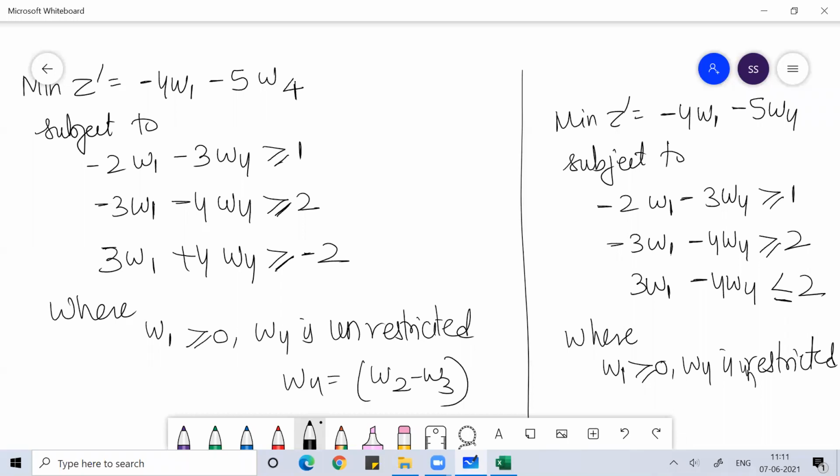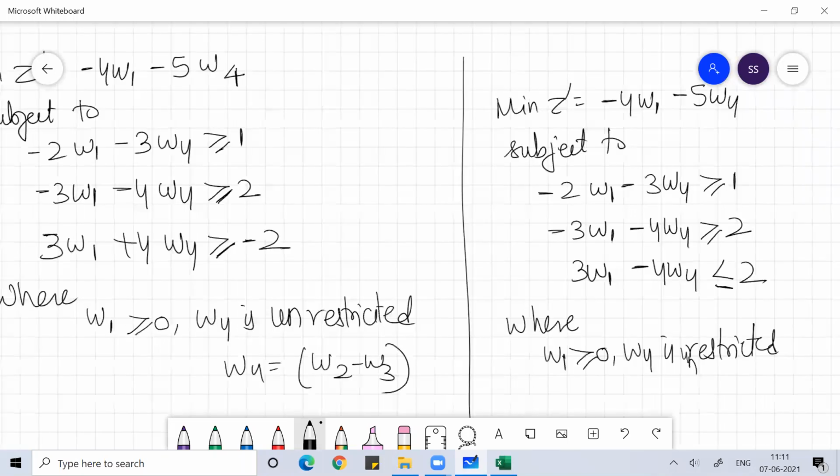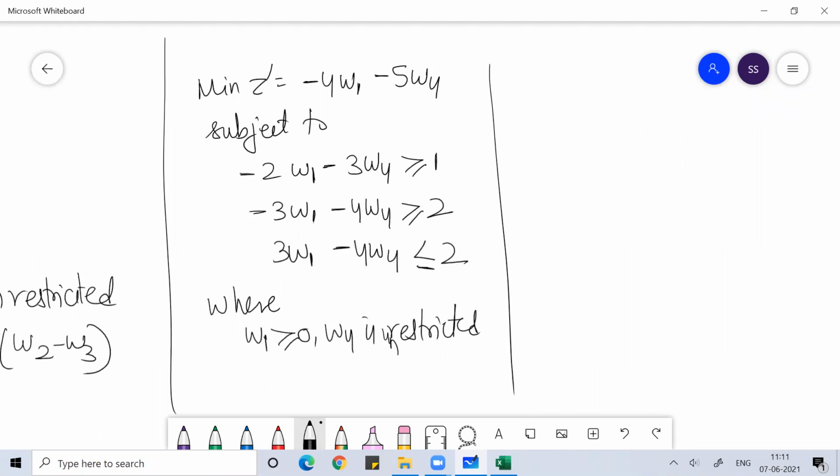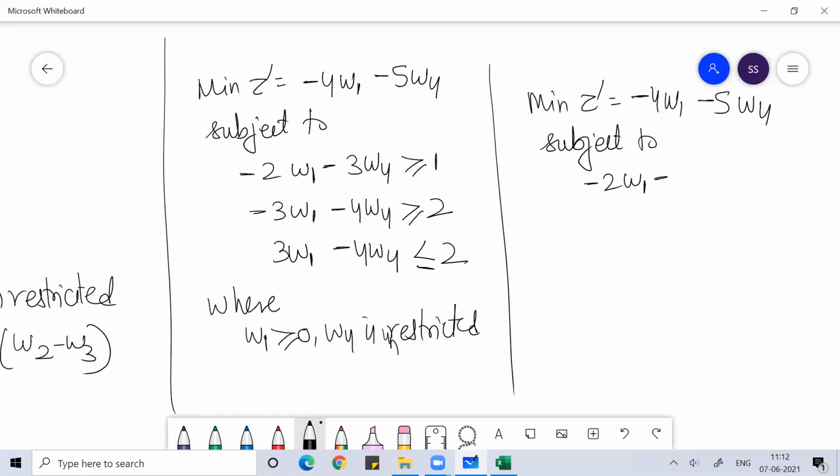Unrestricted, not restricted, it's unrestricted. Clear, guys? Now again, I can write the same equation as minima of Z dash is minus 4W1 minus 5W4, subject to minus 2W1 minus 3W4 greater than or equal to 1.